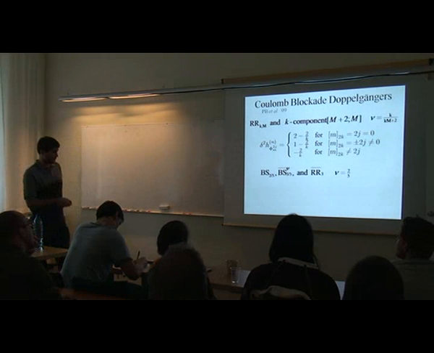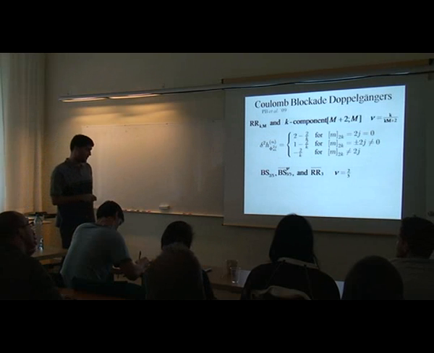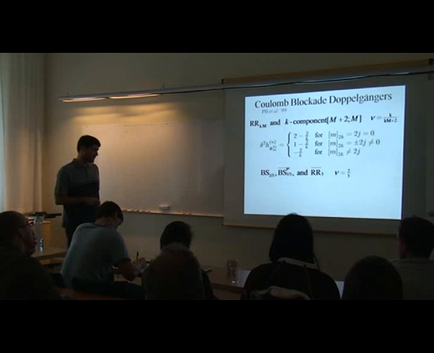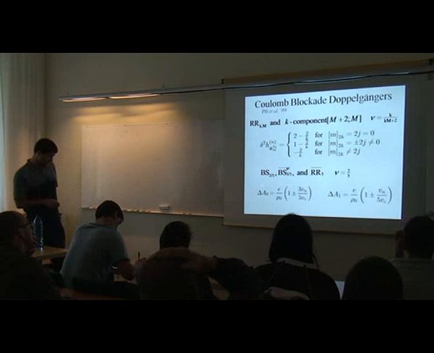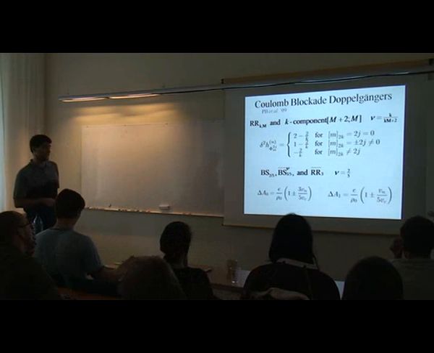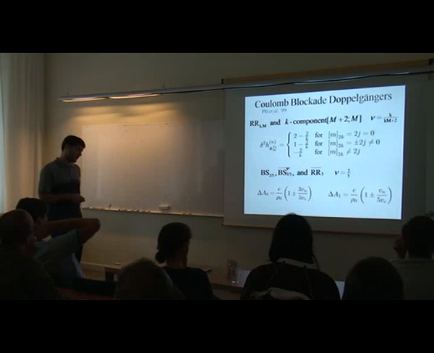And more significantly to our discussion on the 12/5 state, we can look at the BS candidates and the anti-Read-Rezayi candidate and see that they also produce exactly identical Coulomb blockade patterns.